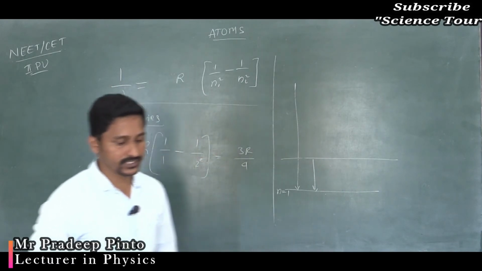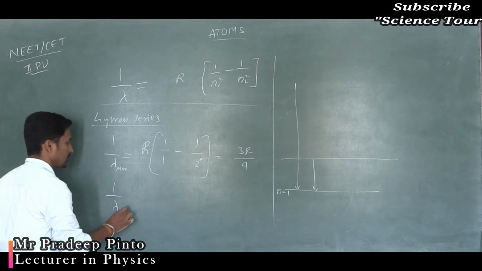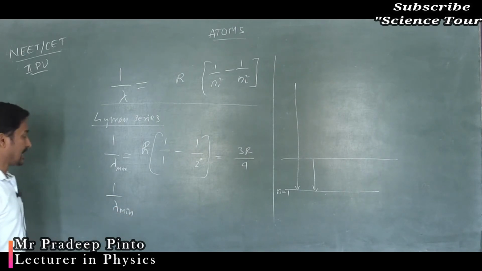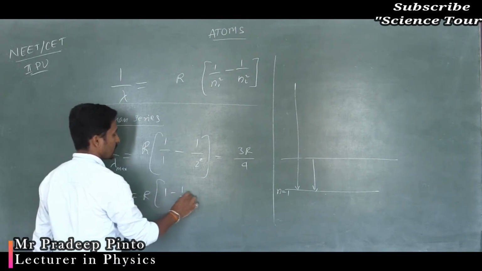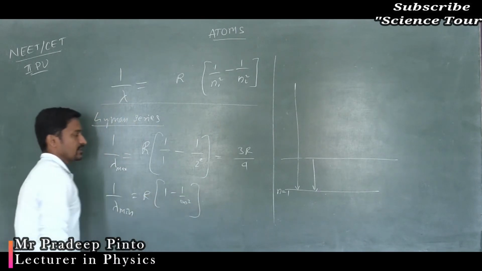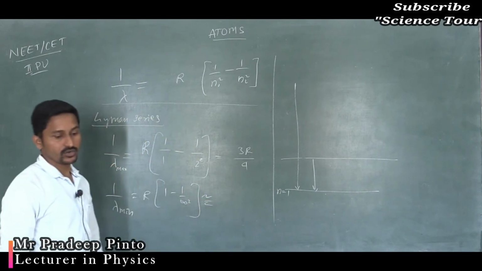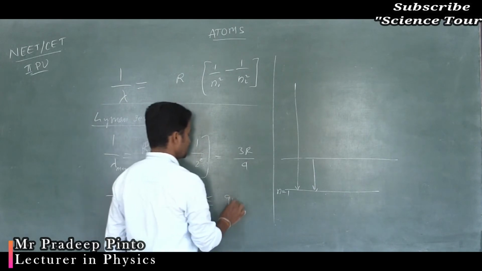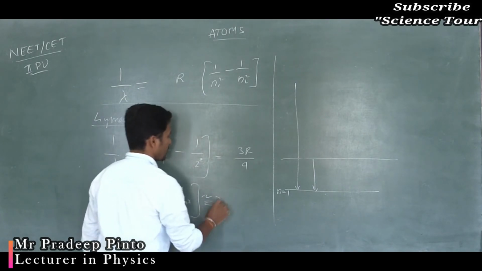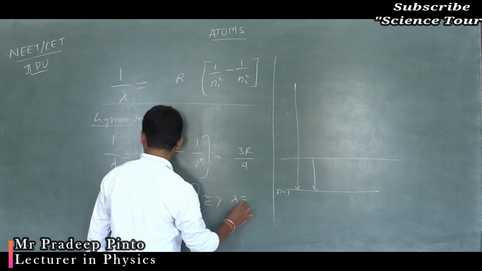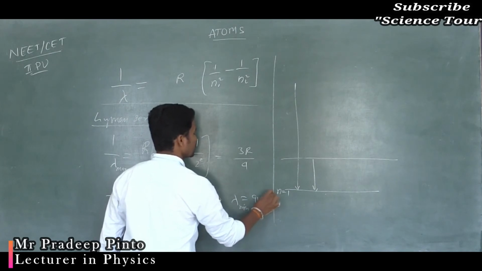And for infinity, that is 1 by lambda minimum, that is nothing but R into 1 minus 1 by infinity square. 1 by infinity is 0, so that will be nearly equal to 912 angstrom. That implies lambda minimum is 912 angstrom.